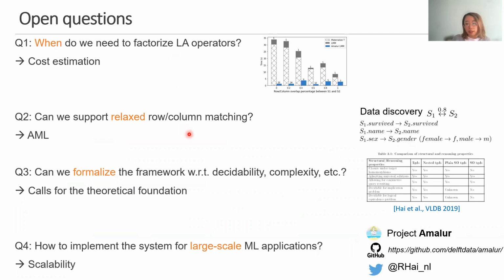Another thing with linear algebra rewriting in a data lake is that, different from a traditional data integration system, in a data lake the relatedness between the sources is fuzzy. That's why it's also interesting for us to integrate such fuzziness into the matrix generation and the rewriting.